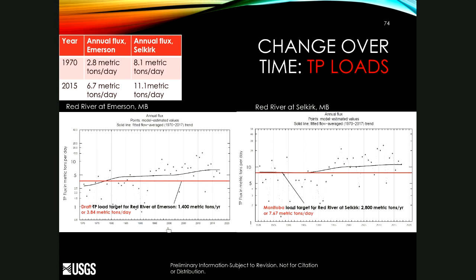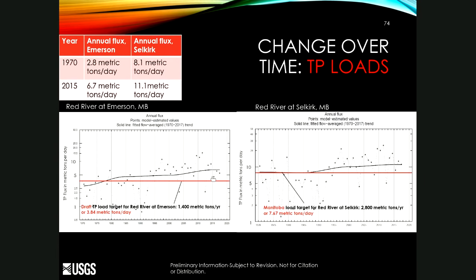But that black trend line does show that despite the increasing stream flow, we are still seeing that total phosphorus has increased. And looking at that trend line, Selkirk doesn't have that huge increase that Emerson has.